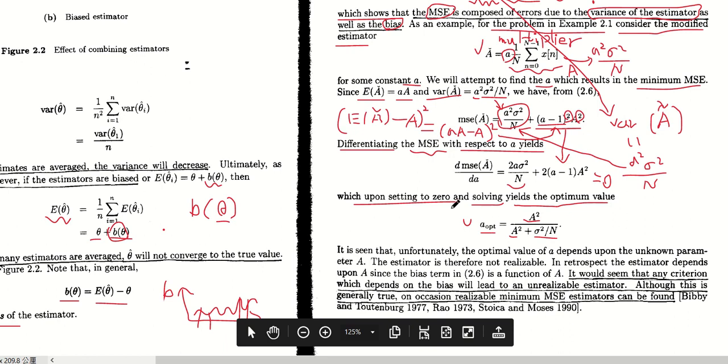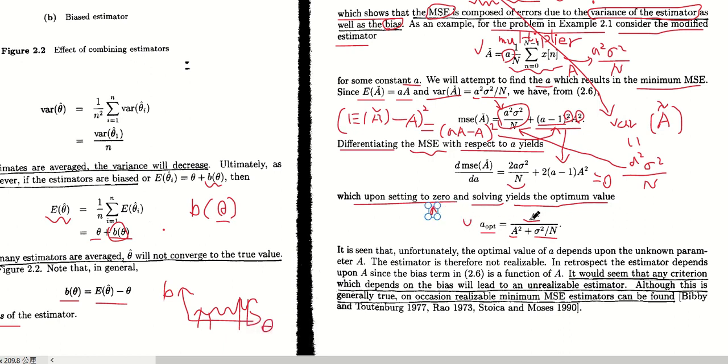If we solve for small a, and it gives us a function of capital A, but capital A is unknown. Capital A is supposed to be unknown. Then we have a problem, right? We have a big problem because A is not available, and ultimately we will not be able to get A optimal.